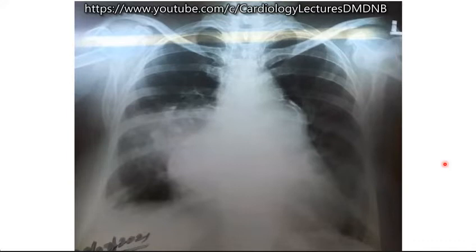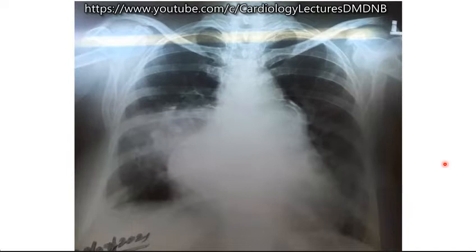Whenever you see a prominent pulmonary segment in the chest X-ray, what are the possibilities? Pulmonary stenosis, post-stenotic dilatation. Very good, that is one.